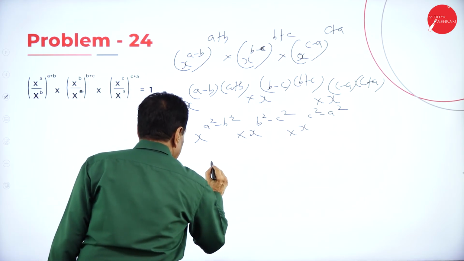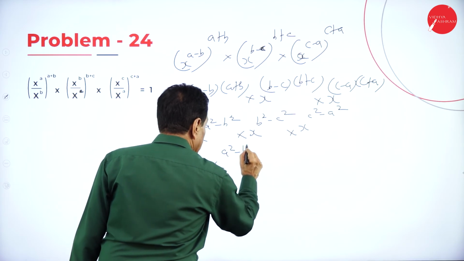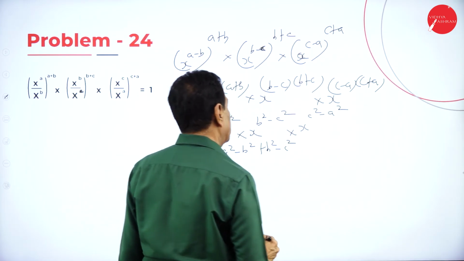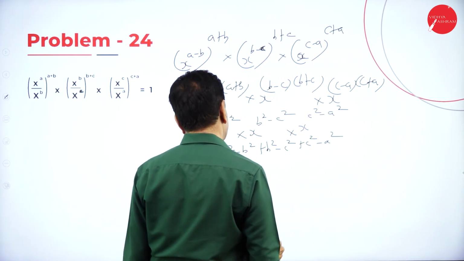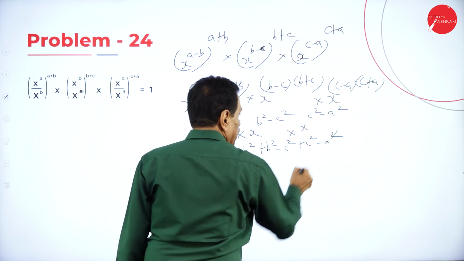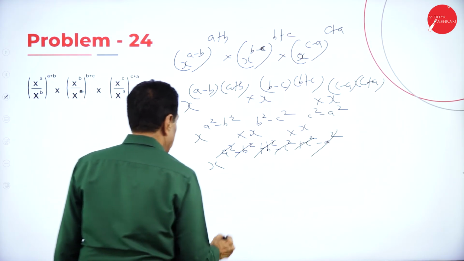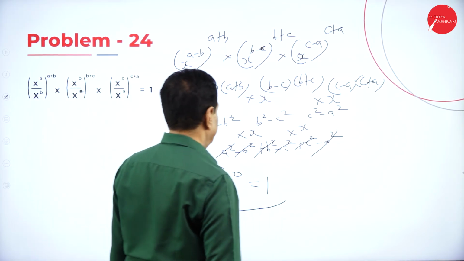This is x to the power of a squared minus b squared plus b squared minus c squared plus c squared minus a squared. A squared cancelled out, b squared cancelled. This is x to the power of 0, which is 1.